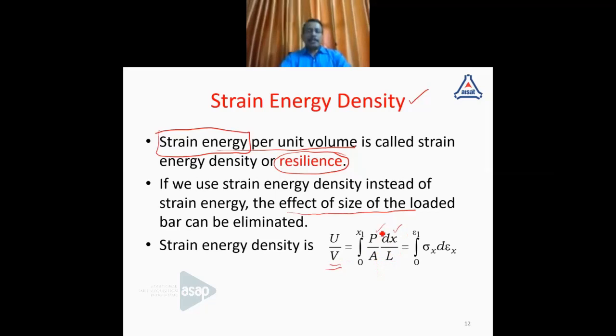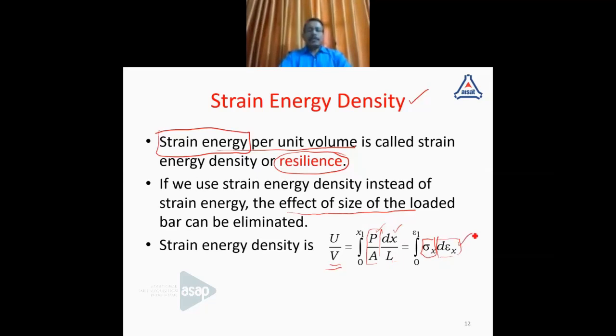Now if you take it separately, P by A is nothing but sigma x, the linear, normal stress. And what is dx by L? It is the elemental strain, the increase in length over the original length.